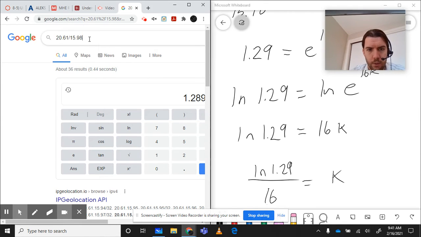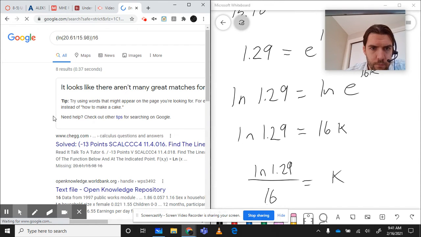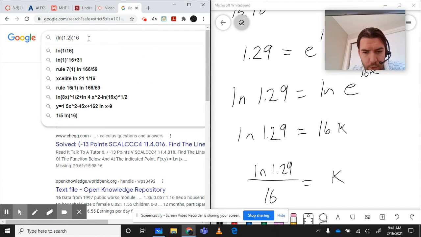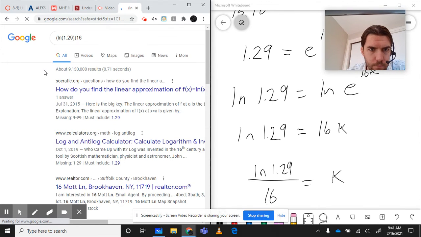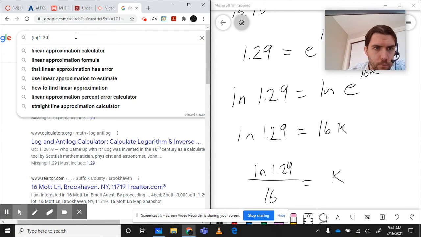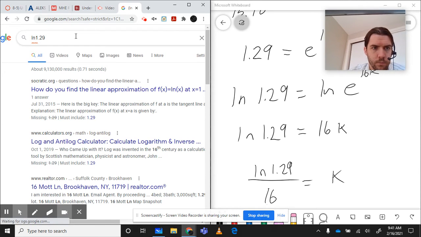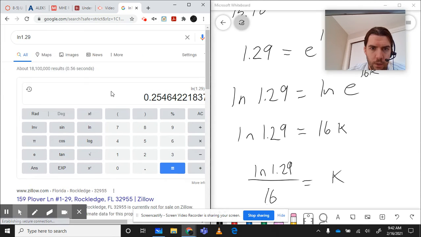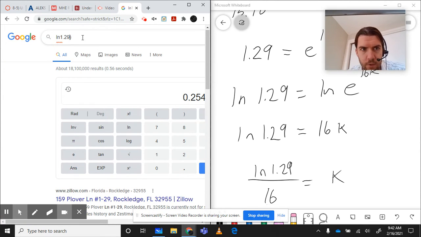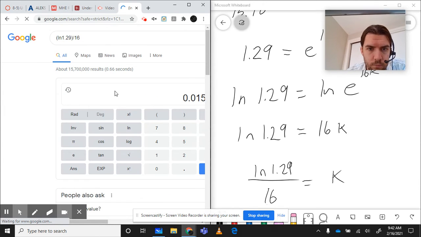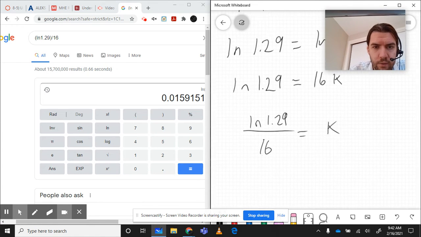We'll take this whole thing, natural log of it, quantity divided by 16. Okay, 0.01, I'm going to call that 0.016.